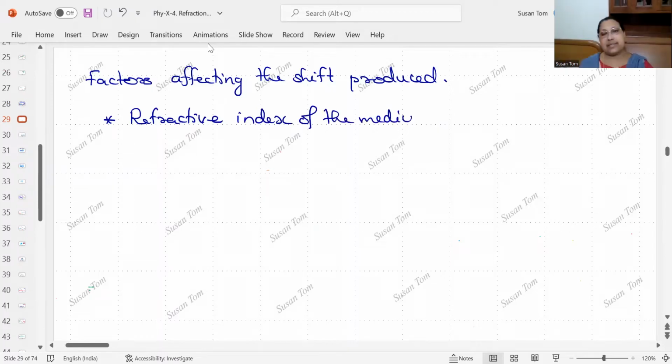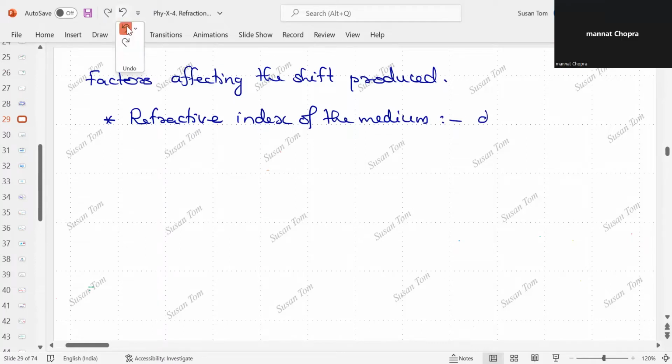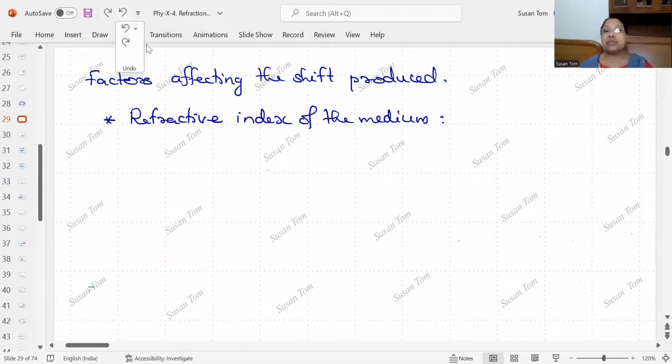This is directly proportional, children. More the refractive index, more is the shift produced. Instead of directly proportional, you can write: more the refractive index of the denser medium, more is the shift observed. Second one is the thickness of the second medium, or we say denser medium. This is also directly proportional. Thickness of the denser medium.